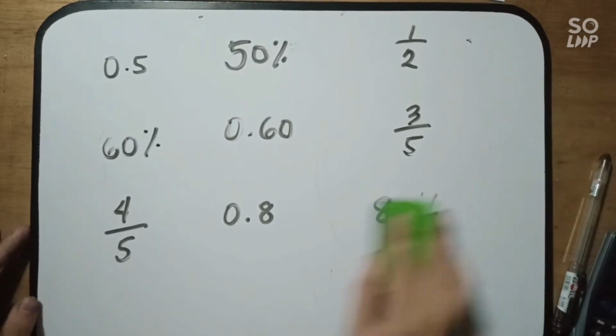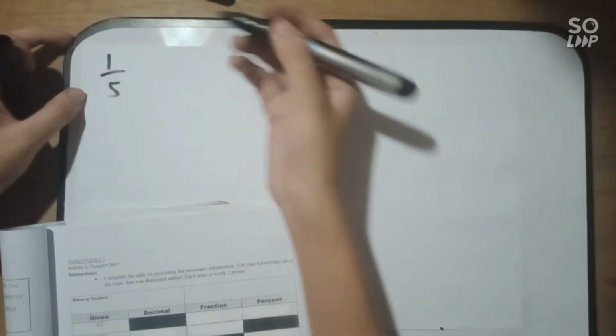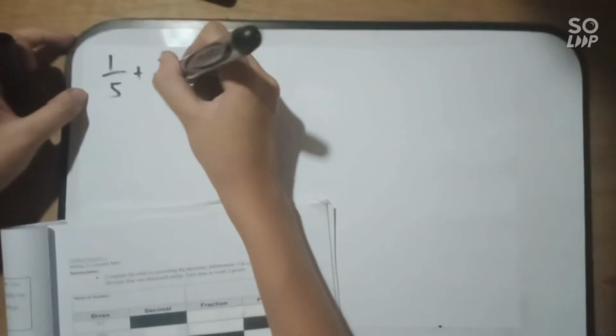Now, we will be going to solve the different operations involving fractions, decimals, and percentage. So, in the fundamental operation on addition, in the given, add 1/5 plus 3 over 7.